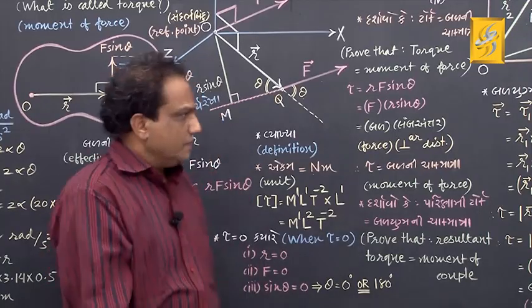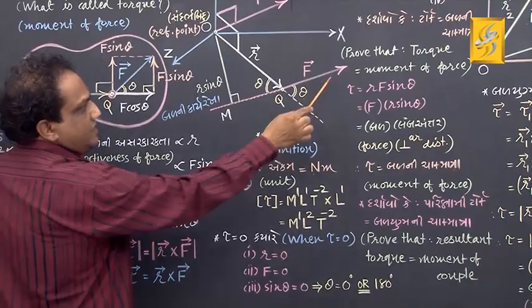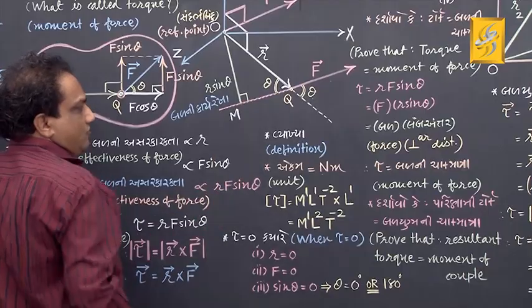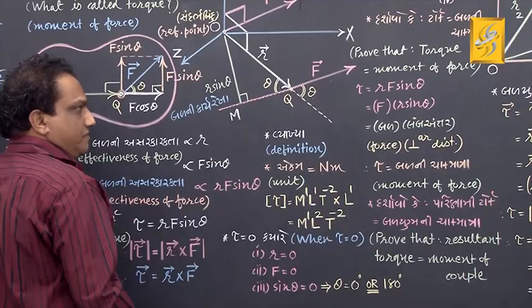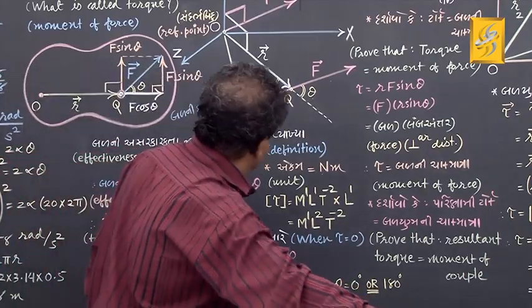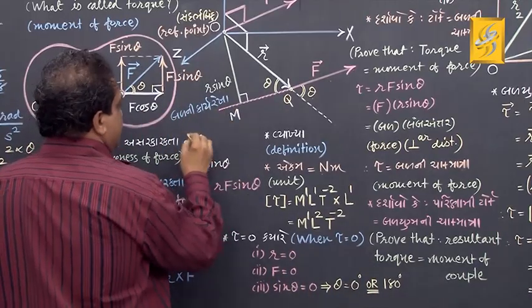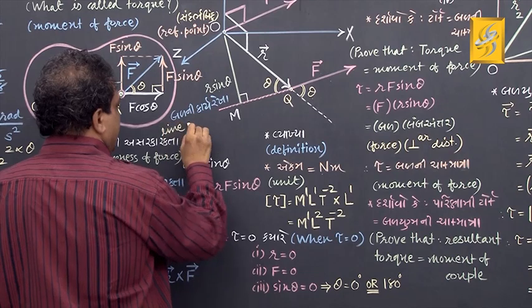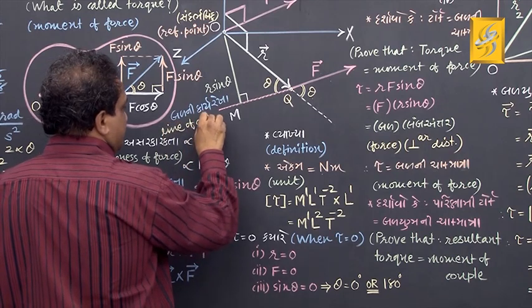Very simple. Just extend this vector f in the backward direction. This will give you the line of action of force. Let me write here: line of action of force. So this line is the line of action of force.